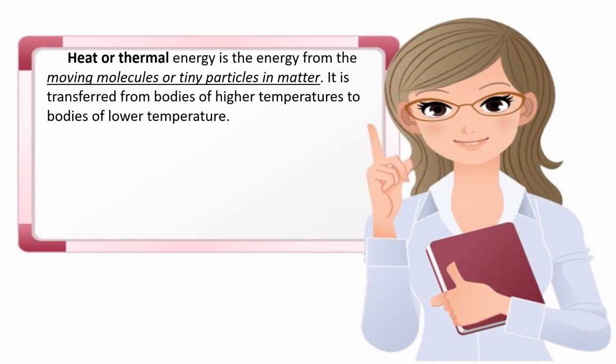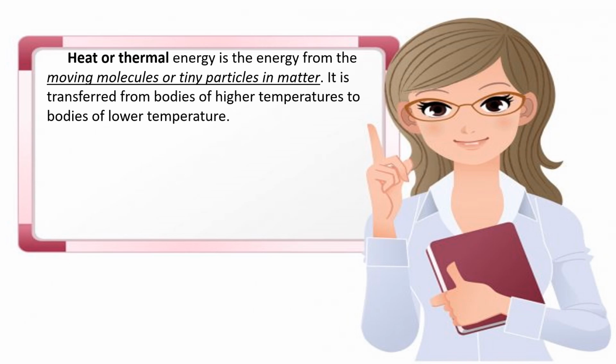Next, we have heat or thermal energy. That is the energy from the moving molecules or tiny particles in matter. It is transferred from bodies of higher temperatures to bodies of lower temperatures. Can you think of object that produces heat or thermal energy?